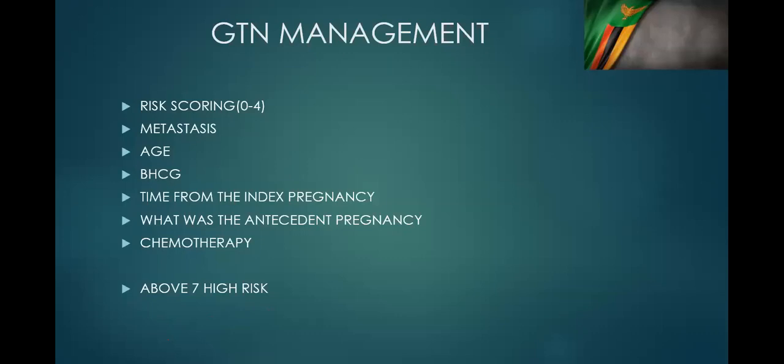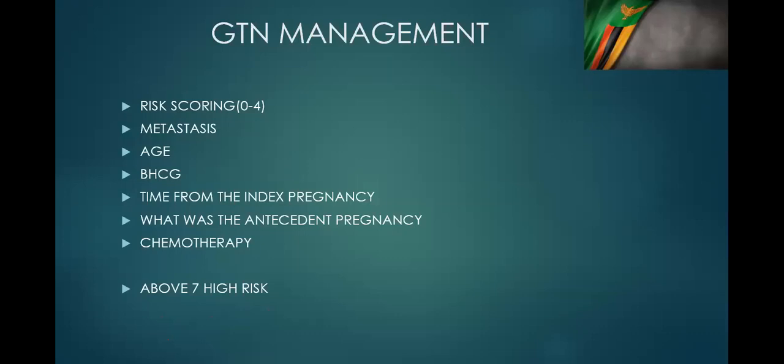Then what was the pregnancy event? If you had an actual baby in labor ward and then you end up with GTN, that is a high risk. So you get a 4 for that.